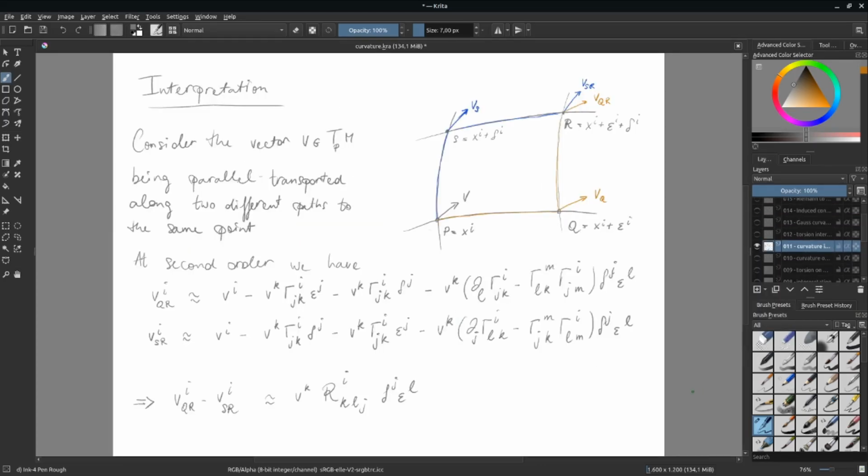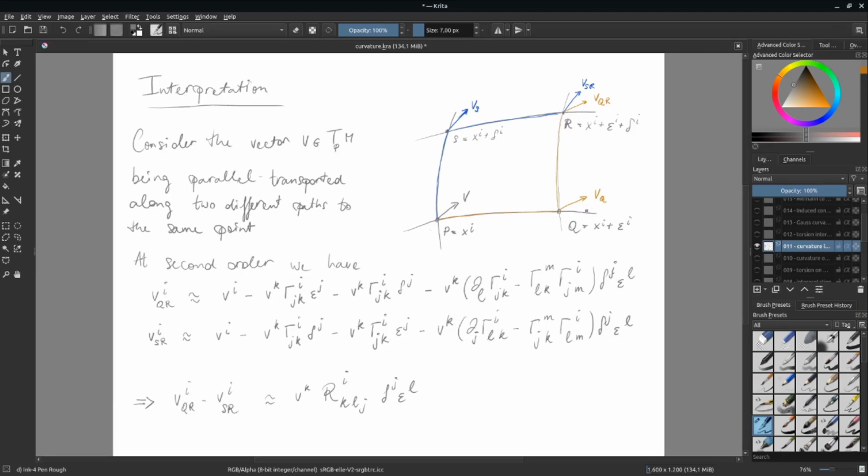Okay, how do we interpret this weird stuff? Let's imagine I have a point P and a tangent vector V at that point P. Then I want to look at what happens if I take a rectangle. I take my point P and move by some displacement epsilon^i to point Q, and I can parallel transport V to that point to get V_Q.